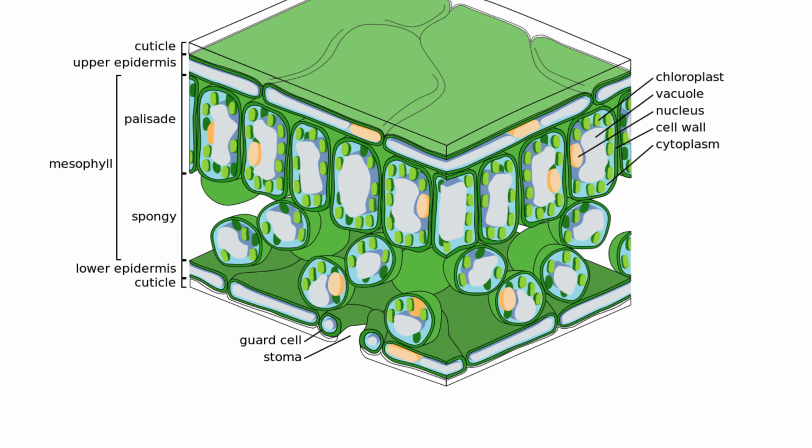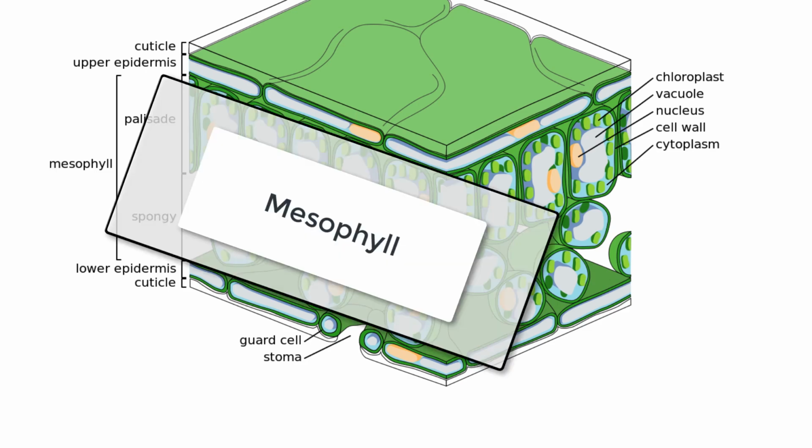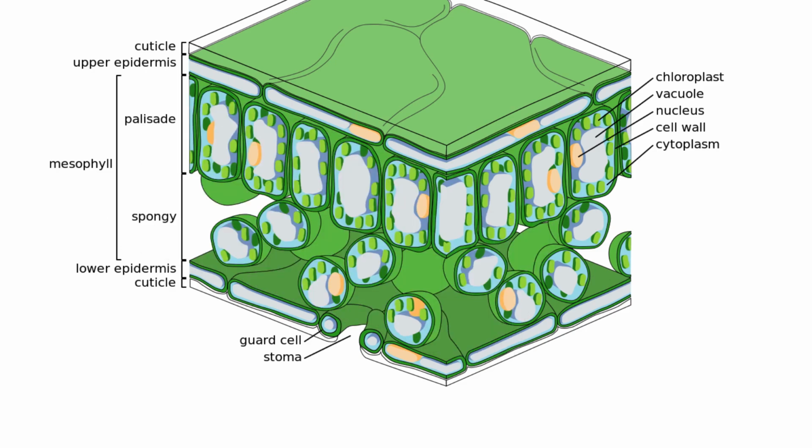So what are the basic structures that are involved in this? Well, if you were to look at a leaf, you'd see that leaves have several layers. And the middle one, where photosynthesis occurs, is called the mesophyll. Carbon dioxide comes in through stomata on the underside of the leaf. And the reason that these are located there is that this avoids water loss in the leaf.